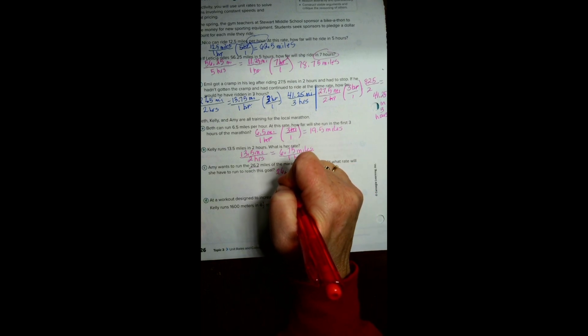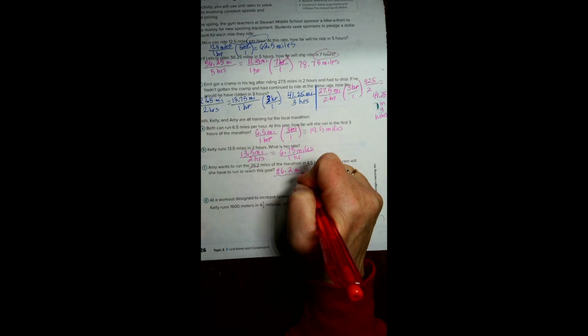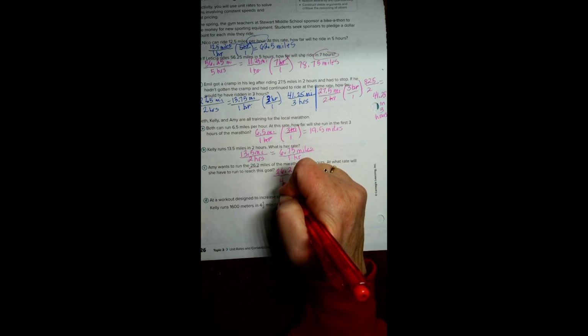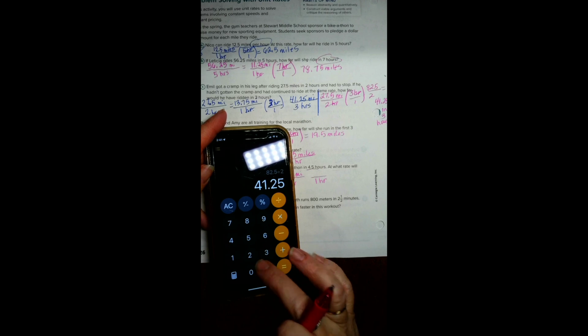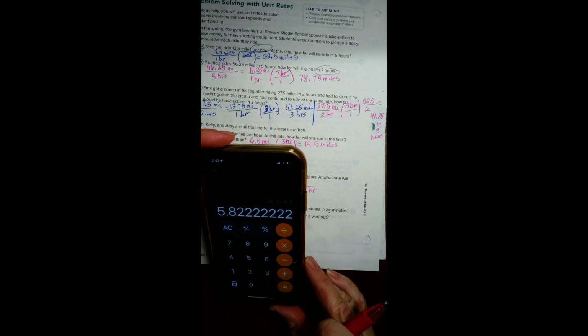If we have the 26.2 miles, which is how far she wants to go, in 4.5 hours, and we're trying to figure out that rate for 1 hour, we're just dividing to get it down to a unit rate. So 26.2 divided by 4.5 is 5.8 miles per hour.